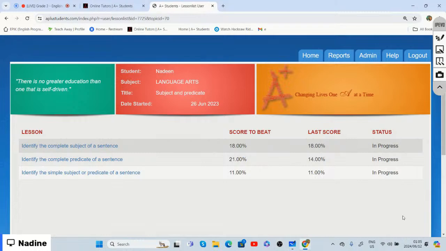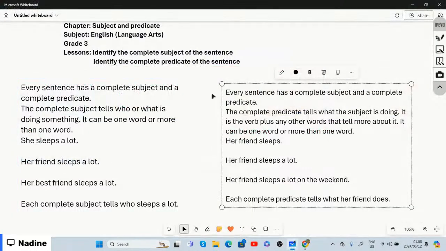All right, so our chapter is subject and predicate. Our subject is English Language Arts, grade 3. The lessons that we are going to be focusing on under this chapter are to identify the complete subject of the sentence and to identify the complete predicate of the sentence.